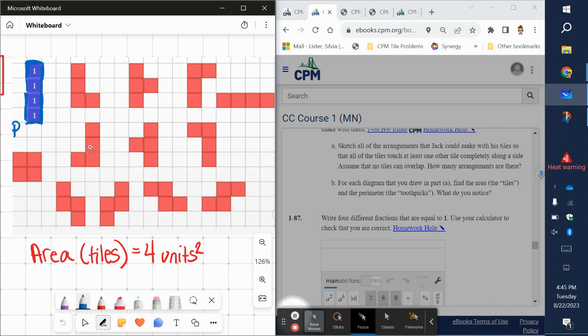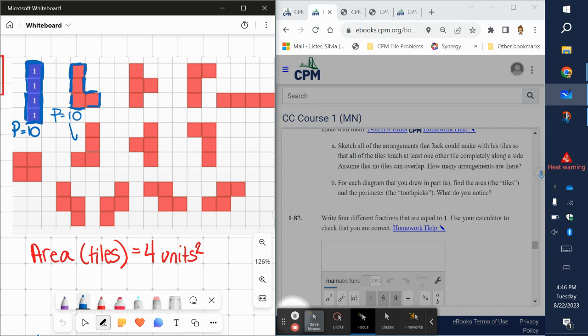So this has a perimeter of 10 units. Let's look at this next one that I made. So 1, 2, 3, 4, 5, 6, 7, 8, 9. Oh, that one's got a perimeter of 10 too. Huh. That's interesting.